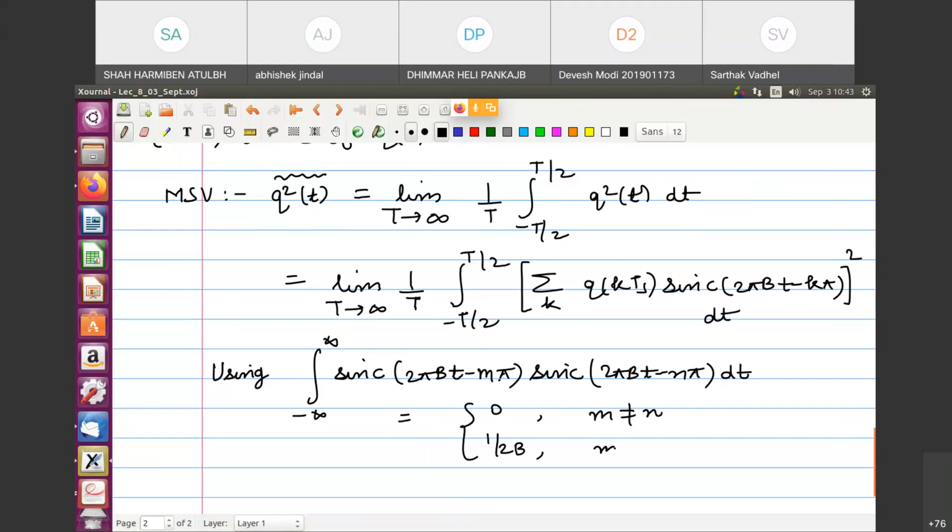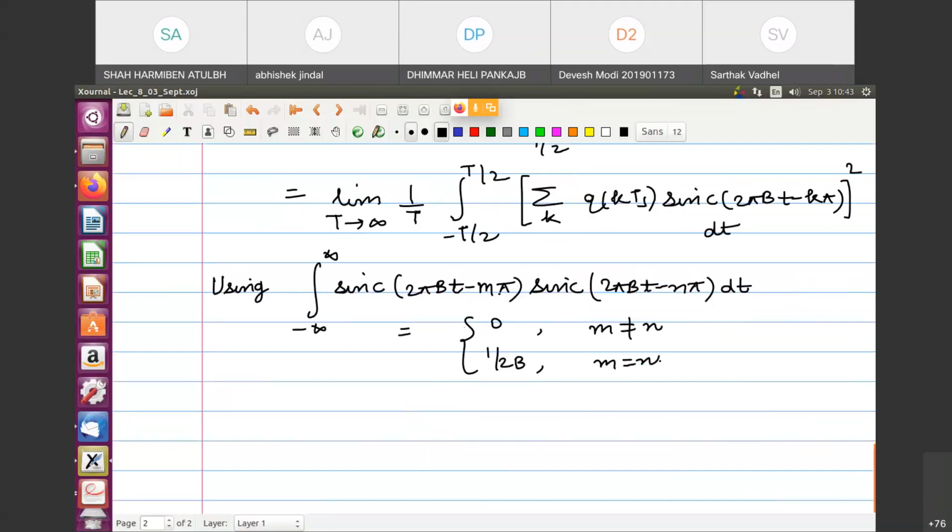So this is what we know, that the sinc functions are orthogonal in this form, if you are shifting them by integer multiples of pi. So m and n are two integer values.